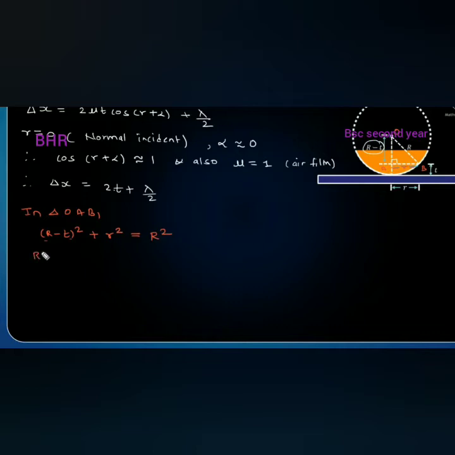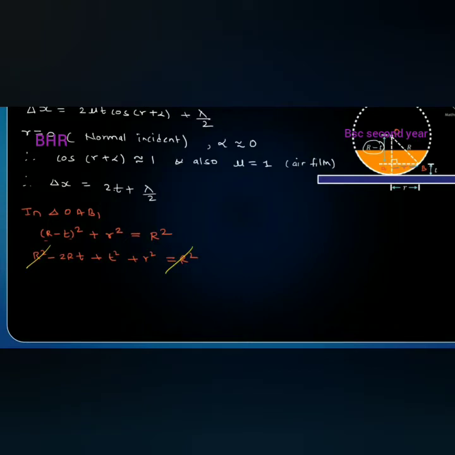By expanding this term using the (a minus b) whole square formula, we get R square minus 2Rt plus t square plus r square is equal to R square. And here R square gets cancelled.